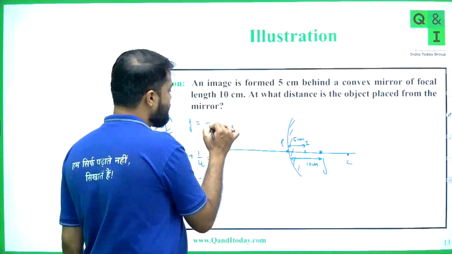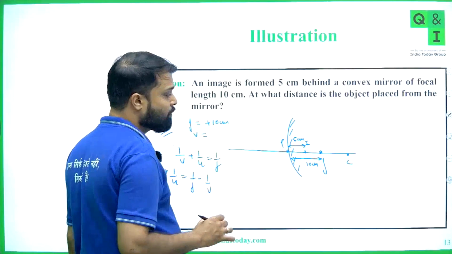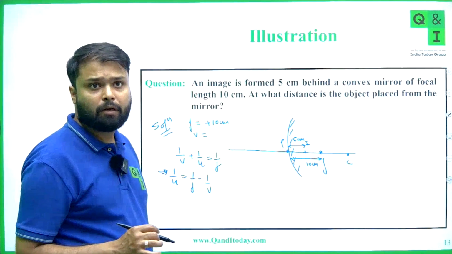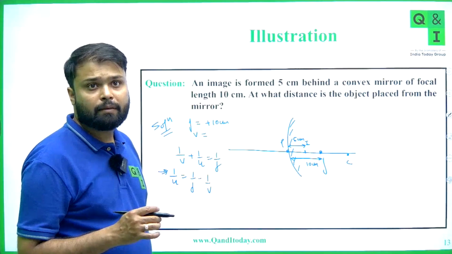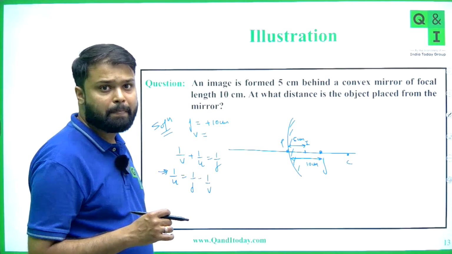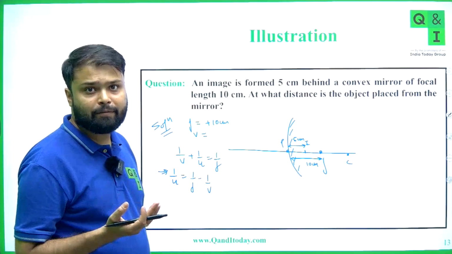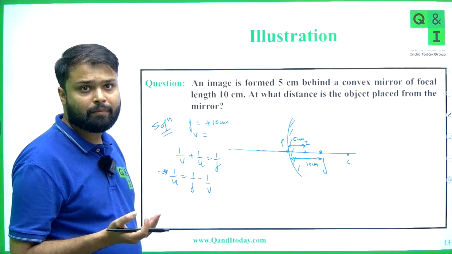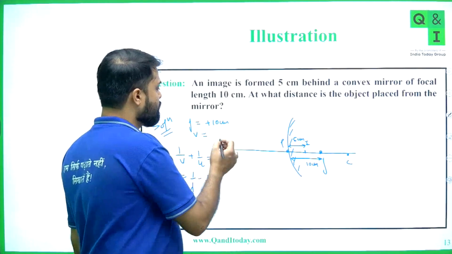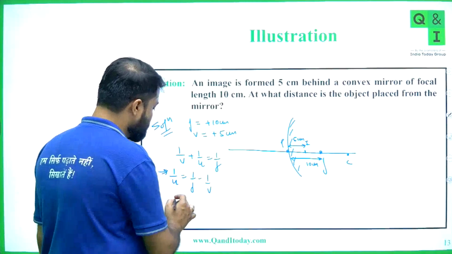That is plus 10. And what about v? V is positive or negative? Positive also. Okay, very good. So put the values.